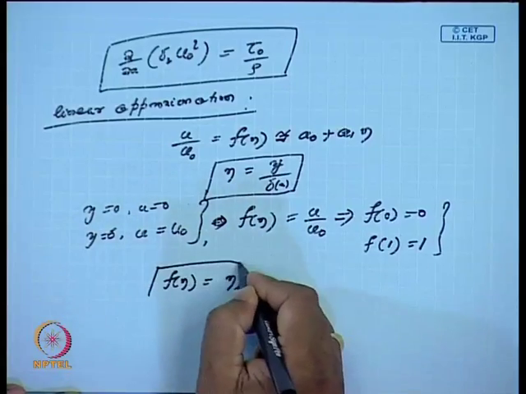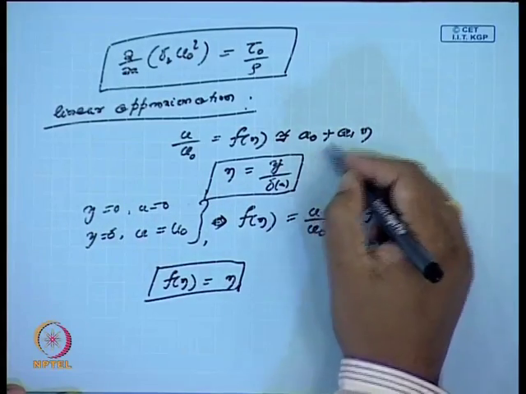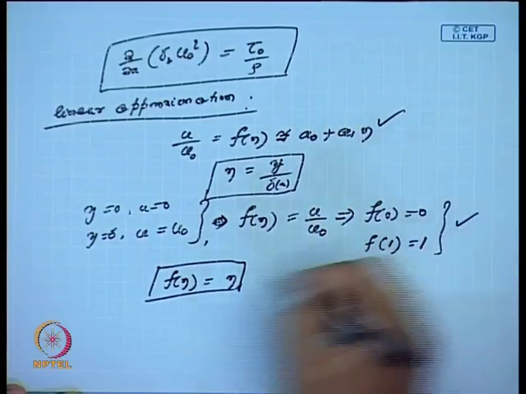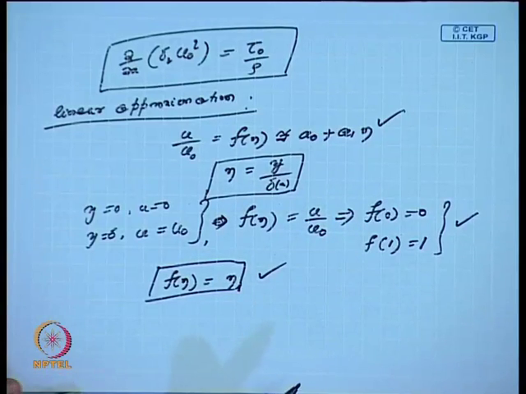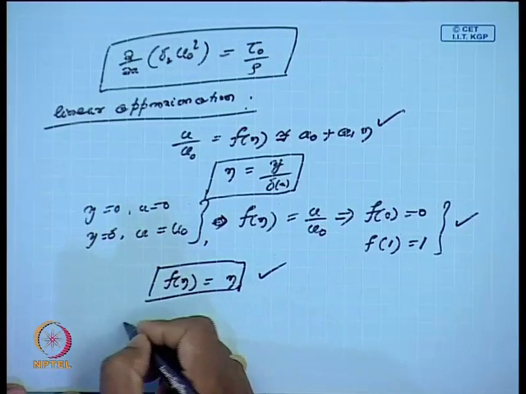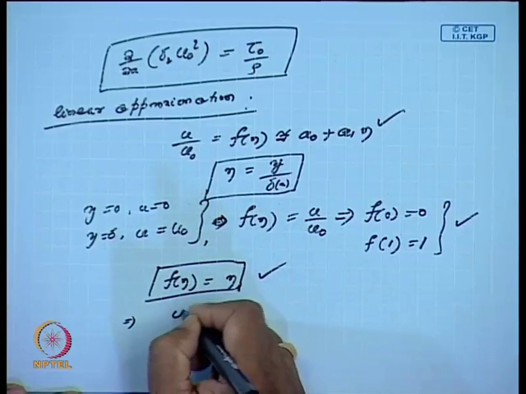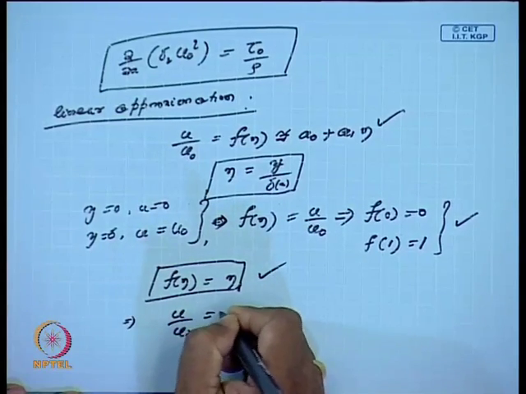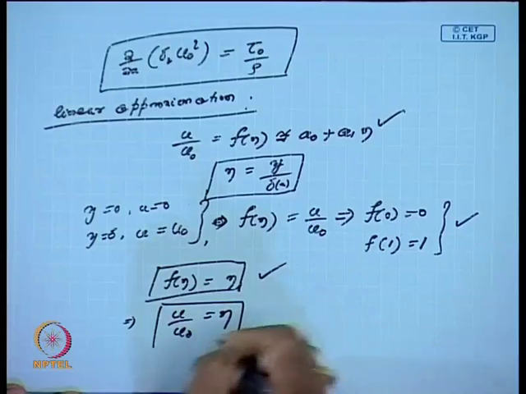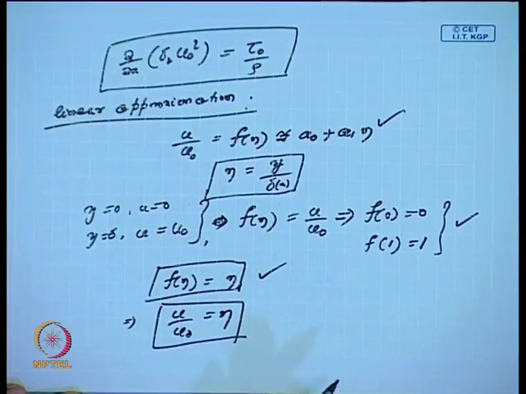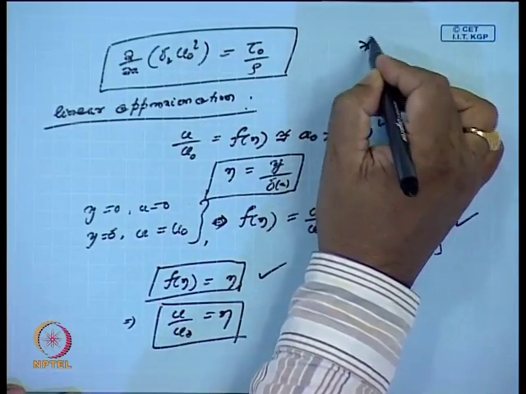So f of eta is eta. That means u by u naught becomes eta, where eta is equal to y by delta. Now I will substitute this u by u naught equal to eta in the original equation, that is my star equation.